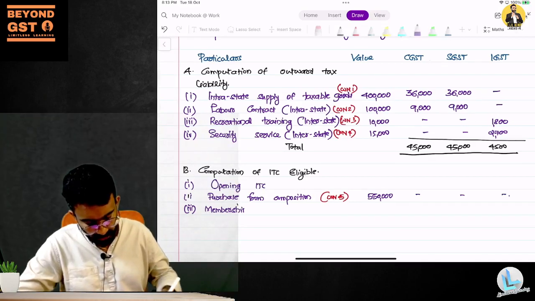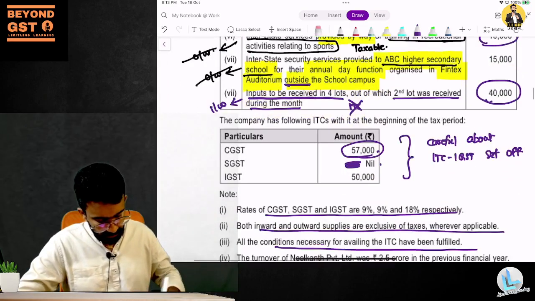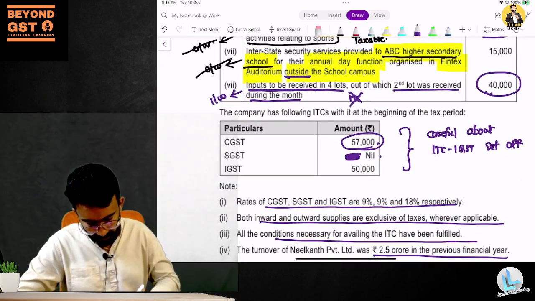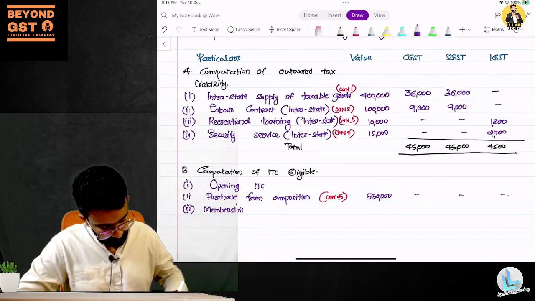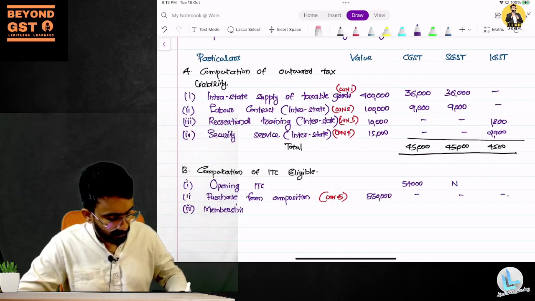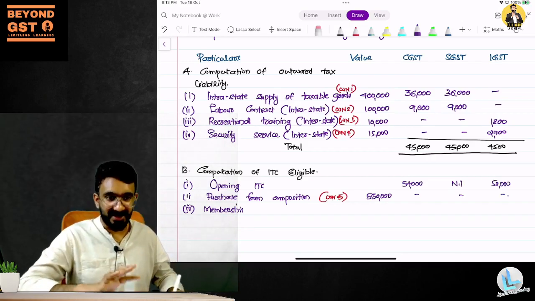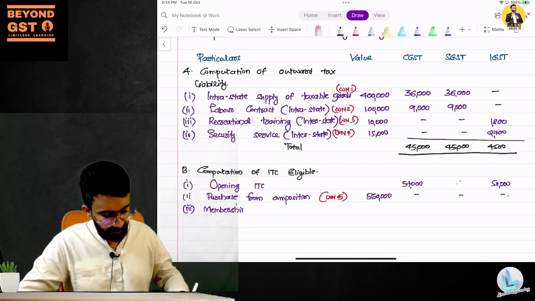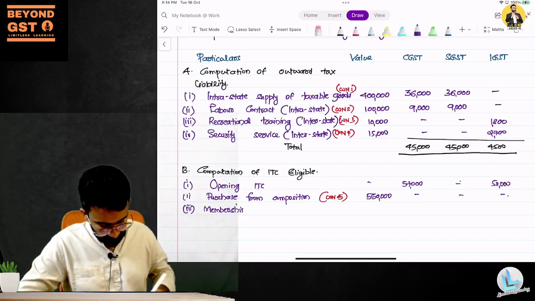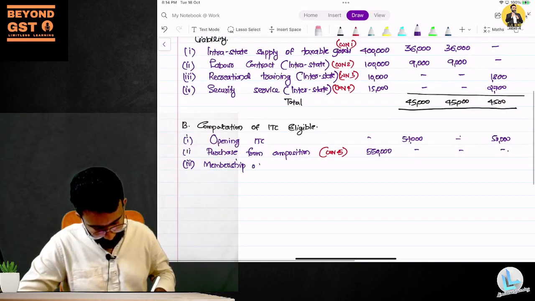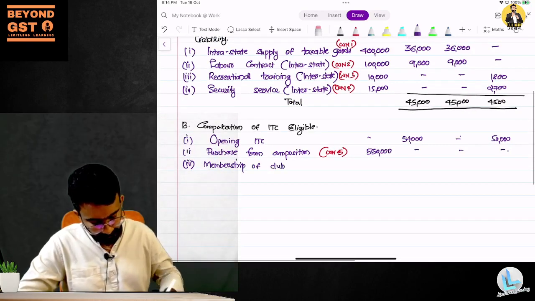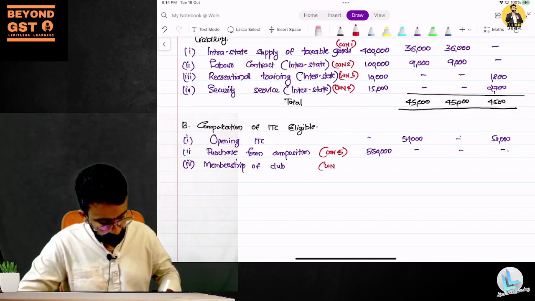You have an opening ITC, always remember to put it. 57,000 nil 50,000. There is no compulsory requirement that you should write it in first, okay? But just for the sake of not missing out, it's always best to write it in. 1 lakh 75,000.